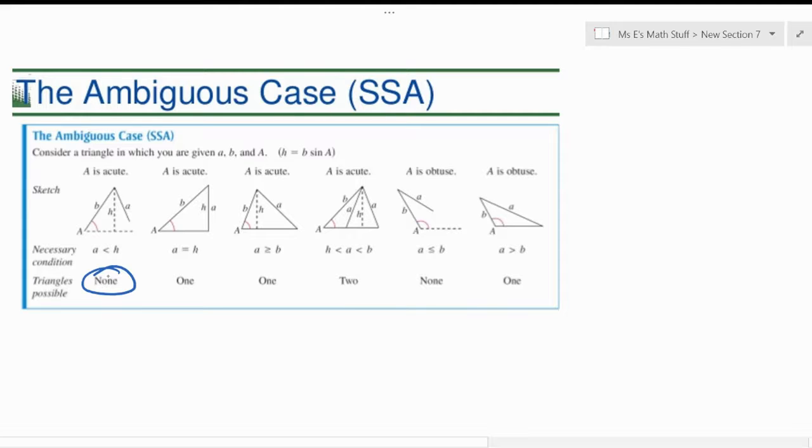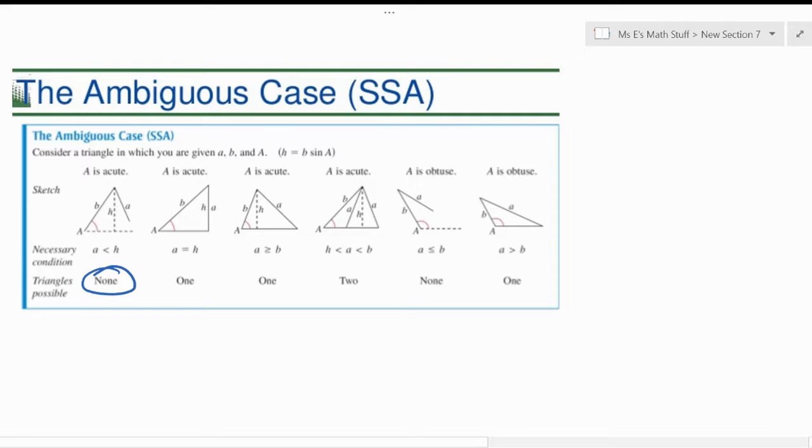But what's nice about that is that if you don't notice that you have the right setup for a no solution case, the math will actually tell you, because when you try to take arcsine, for example, your calculator will say error. And so that's your tip off that you had a no solution case. So hopefully that makes sense. And then I hope the rest just makes sense on a draw-it construction type level.